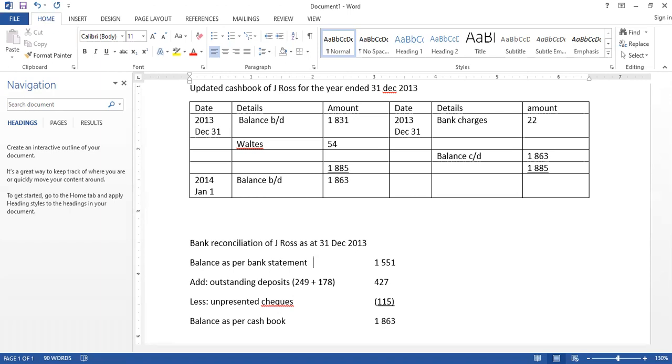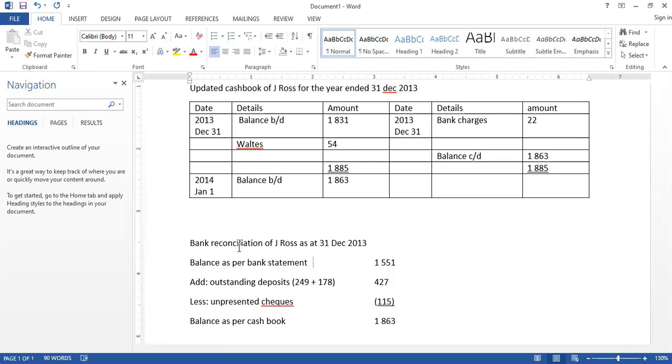The money was not yet deducted from our bank account because our suppliers did not take the checks to the bank yet. These are unpresented checks, and therefore unpresented checks are recorded in the bank reconciliation statement. Do you understand? Yes.